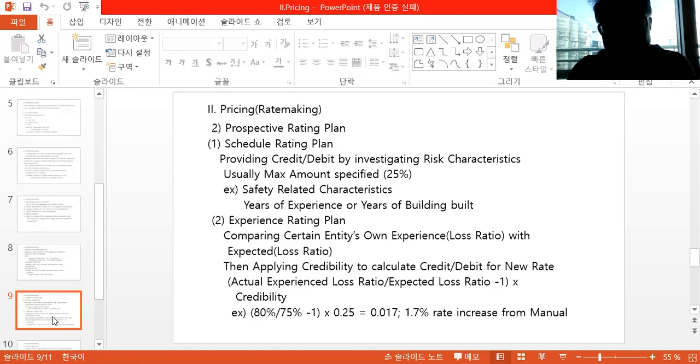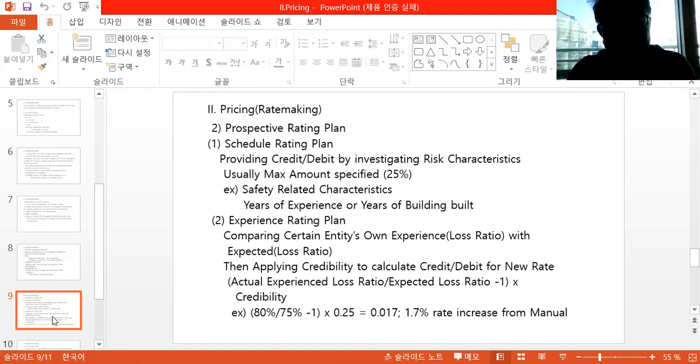Usually, because there are so many items you're giving credits and debits for, you set maximum amounts like 25% or 35%. 25% is more common in the US. Examples of these characteristics are safety-related characteristics, years of experience, or years since the building was built. Based on those, you give debits or credits.